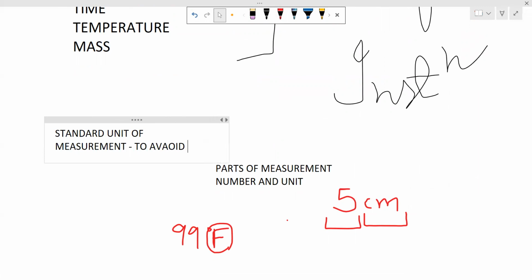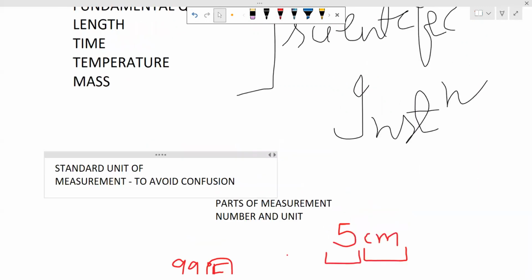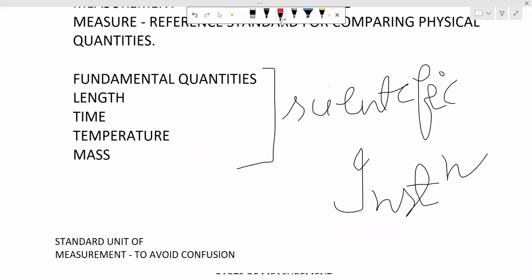So what are the standard units? For length, the standard unit is meter. Meter is the standard unit, the internationally accepted unit.